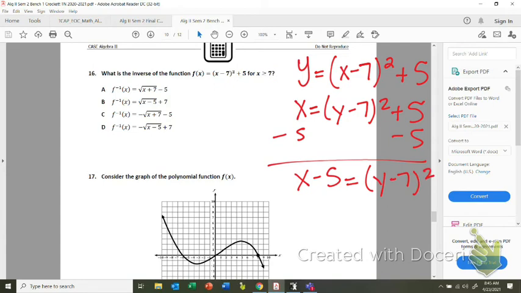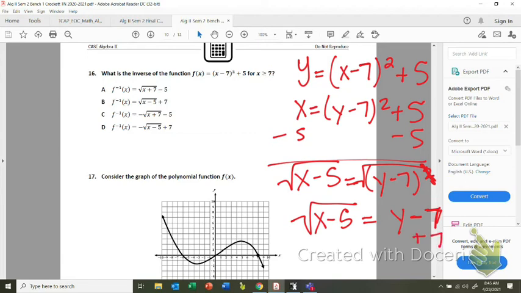I've got a square on the right side, but I need to get rid of that square. To get rid of the square, I take the square root of both sides, yes. So now I have the square root of x minus 5 equals y minus 7, because these cancel. Got to get y by itself. So what should I do to that 7? How should I bring it over? I should add it over. Does it go outside the square root or inside the square root?